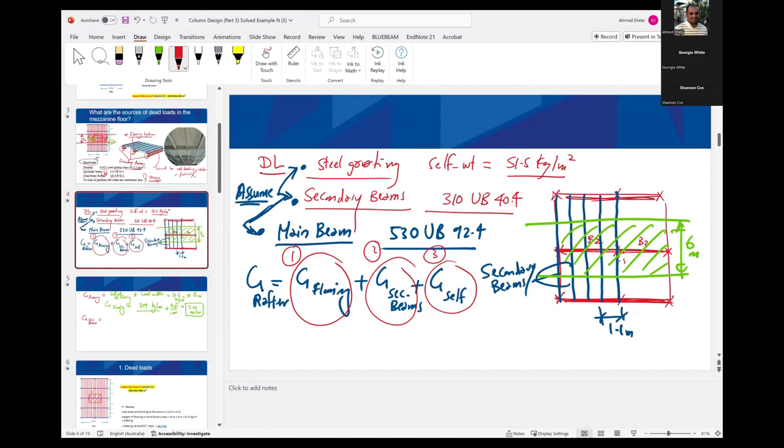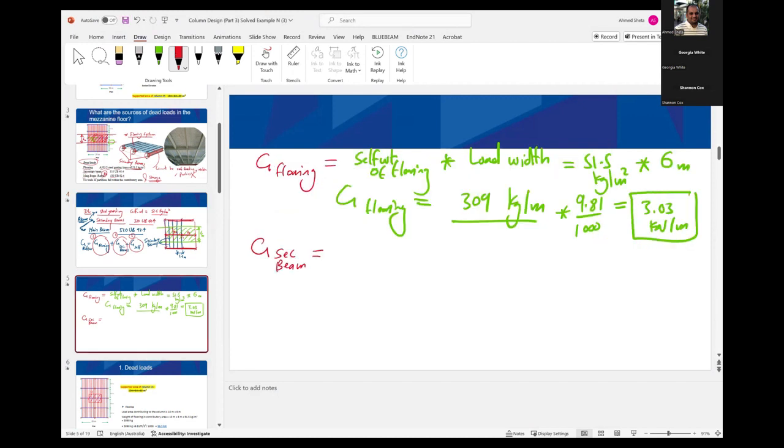The idea here is we need to find the weight of one of the secondary beams, and then multiply by the number of secondary beams and divide by the length of B2.